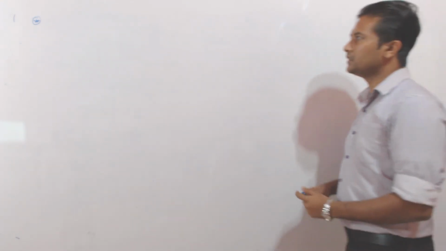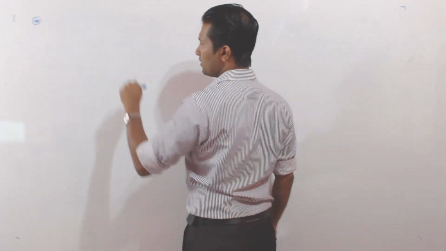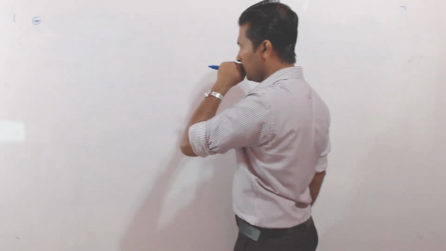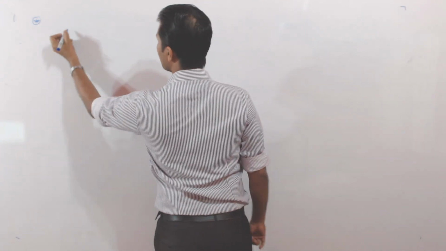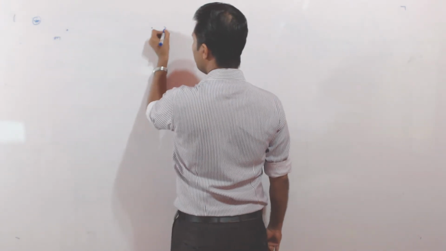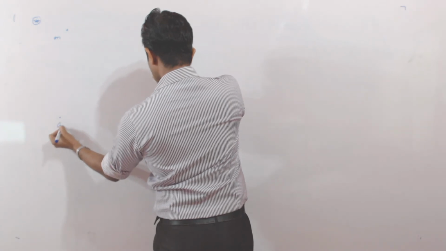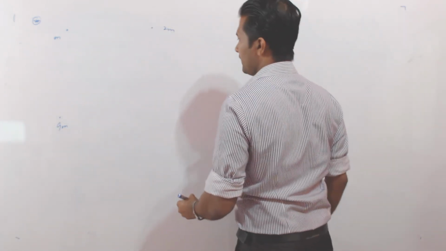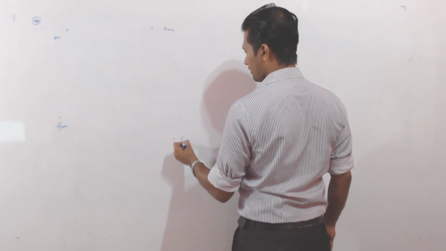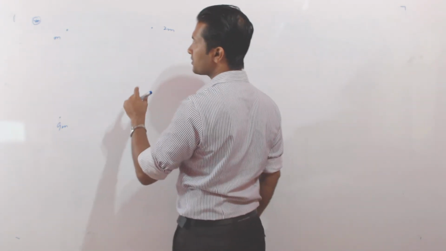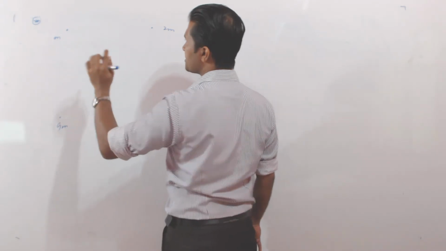Now we can consider finding the center of mass of point masses. So you are given m, 2m, 9m, then 48m. What you have to find is the center of gravity of this system.